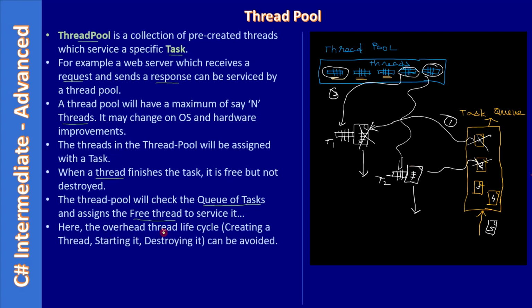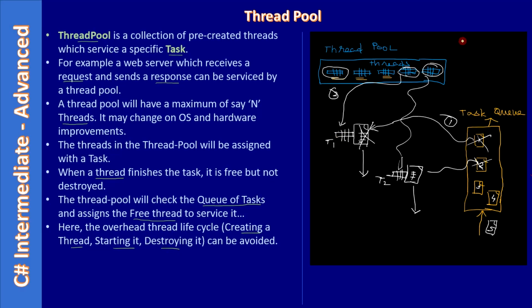Here, consider the overhead of thread lifecycle, because these are all pre-created threads. They service the task, and once the task execution finishes, the thread returns to the pool. So in this sequence, the overhead of thread lifecycle, like creating a thread, starting it and destroying it, is all avoided.